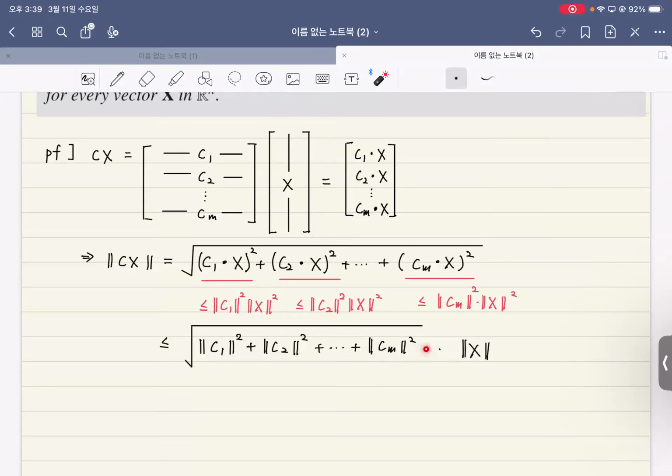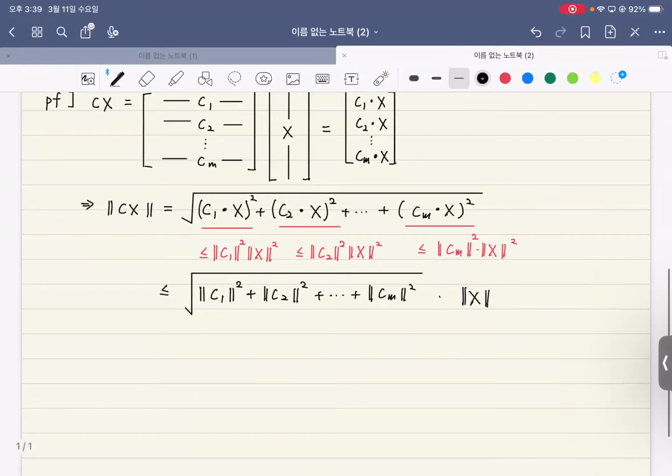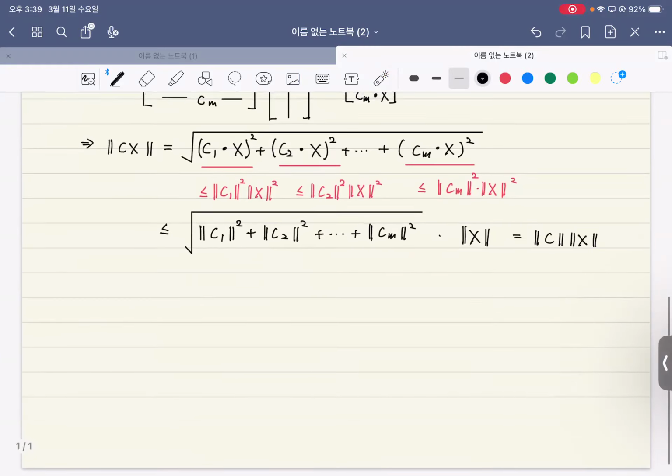And you take a square root, and this is precisely the matrix norm of the matrix C. So this is the bound for the length of Cx, and we are done. Okay, great.